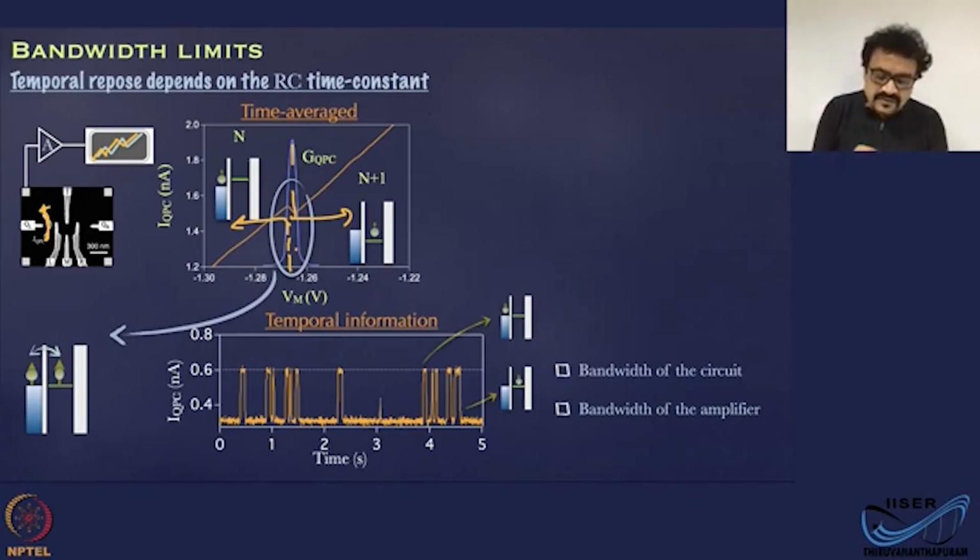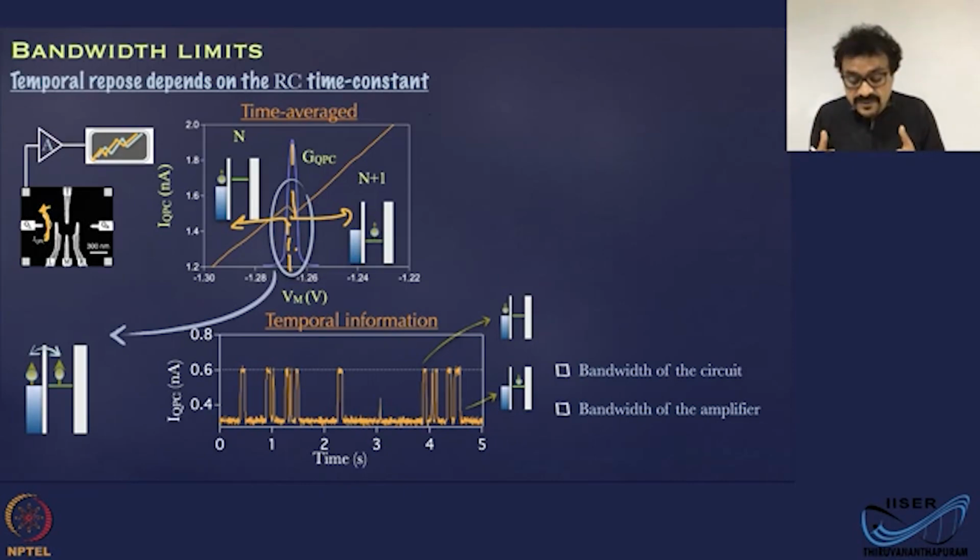So what you would like to have, other than the average charge configuration, the average charge occupation, is the temporal information also. The temporal information has a lot of importance, especially when your transport mechanism is correlated.